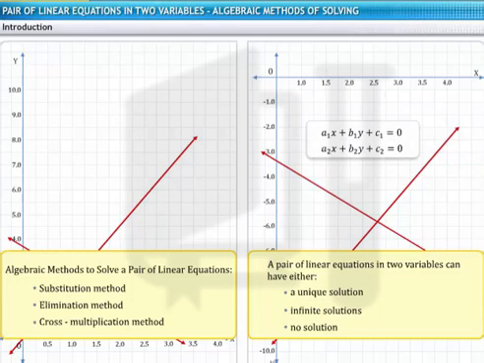If a1 divided by a2 is not equal to b1 divided by b2, then there will be a unique solution. If a1 divided by a2 is equal to b1 divided by b2 is equal to c1 divided by c2, then there will be infinite solutions. If a1 divided by a2 is equal to b1 divided by b2 is not equal to c1 divided by c2, then there will be no solution.